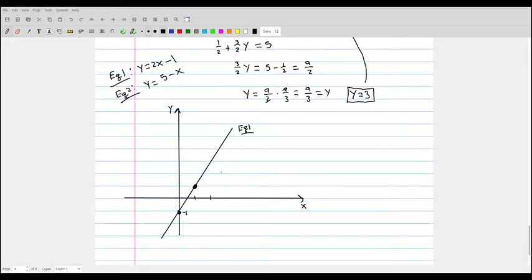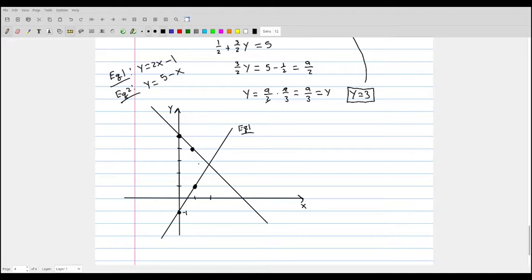And the other equation is a line with y-intercept of 5: 1, 2, 3, 4, 5, and a slope of negative 1. This line right here.